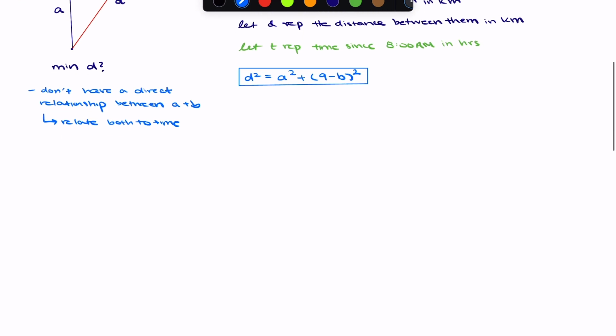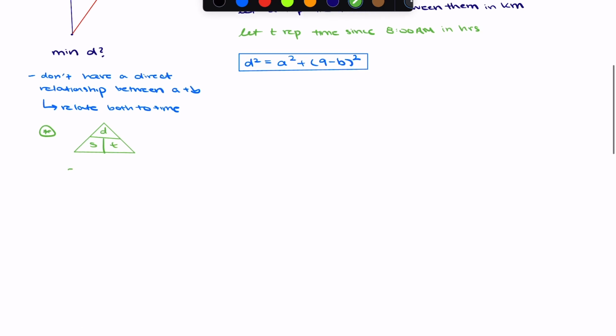And so here, if we recall distance, speed, and time, remember we know that speed is equal to distance over time.